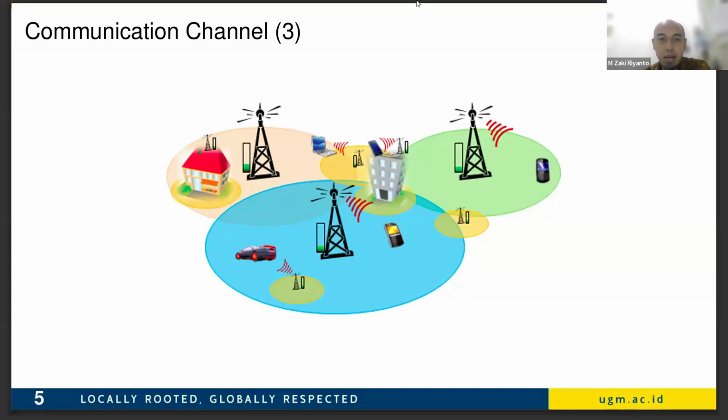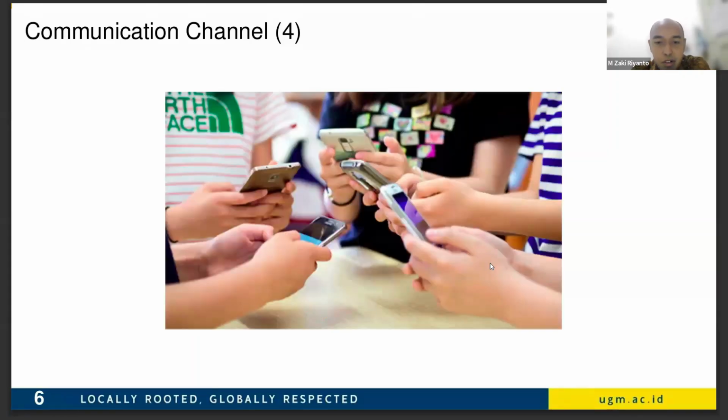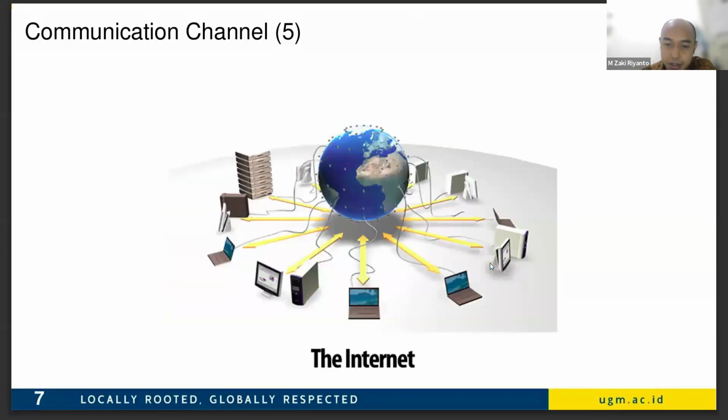We use it every day. And we also use mobile phones every day to communicate with other people. The communication channel that we are using now is the internet. Our computer and our smartphone are connected to the internet to communicate with others.